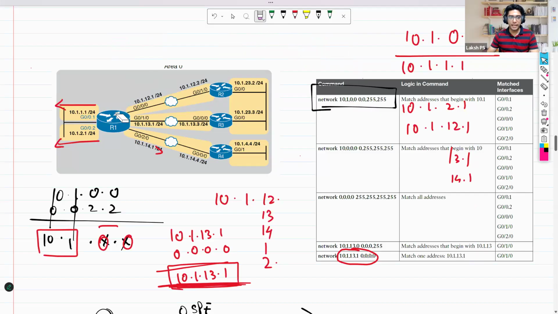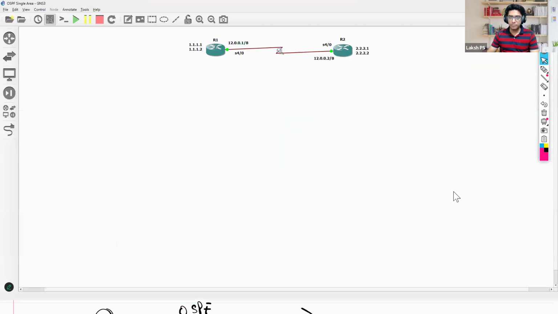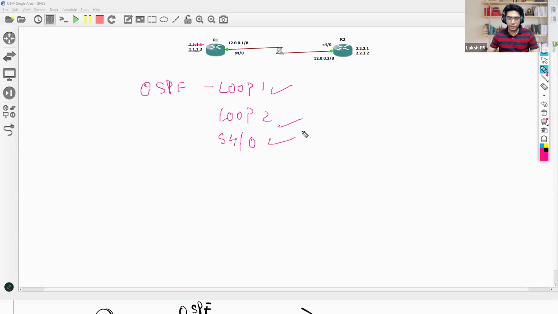As per our diagram, those two exact IP addresses are these two IP addresses. So what is happening is we have enabled OSPF on loopback 1, on loopback 2, and the previous network command was with serial 4/0. So on these three interfaces, OSPF is enabled.